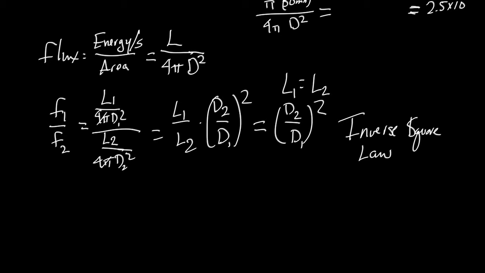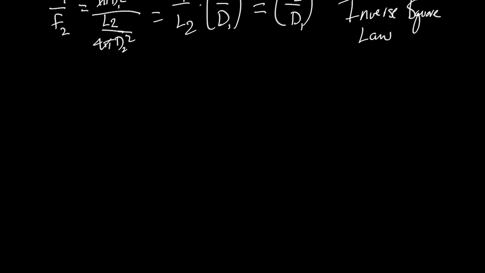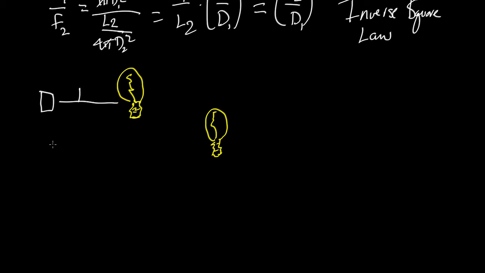So imagine I have a light bulb at one distance, and I have a light bulb at another distance, where these two distances are to my detector, for example, my eye or a device that measures how bright something is, or its flux. Let's say in one case that distance is 1, and in the other case the distance is 2.